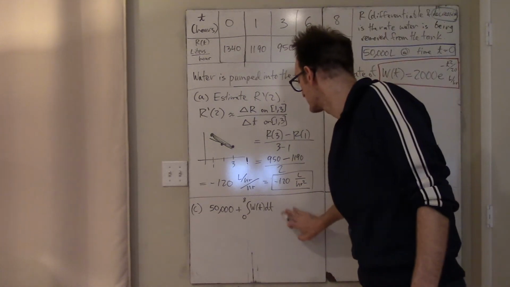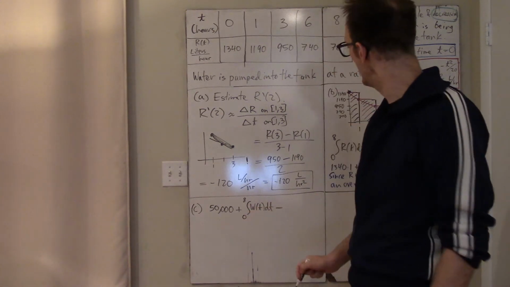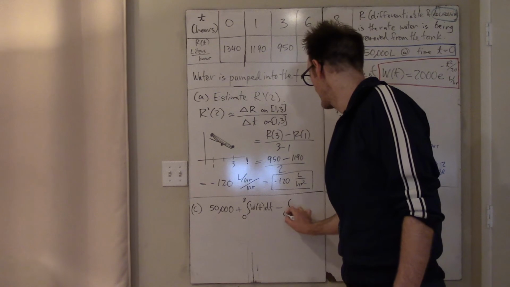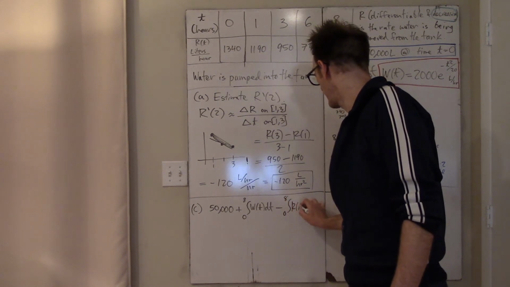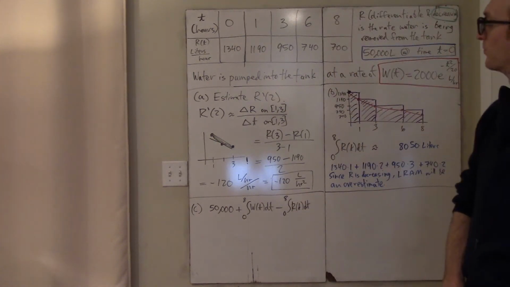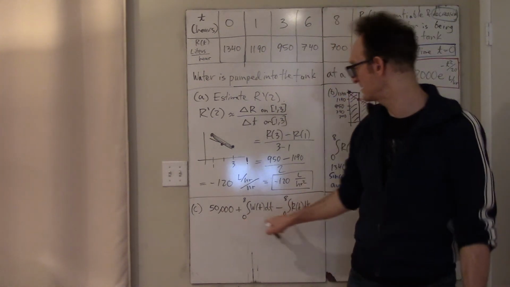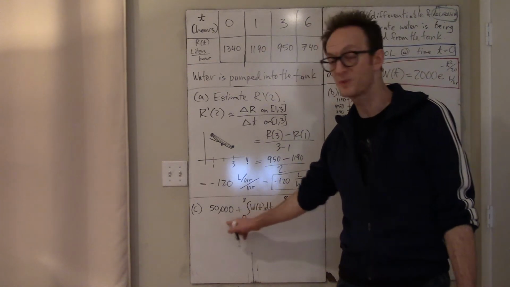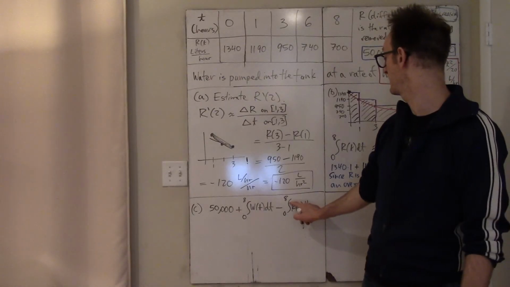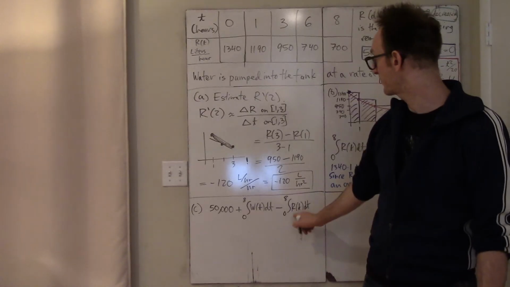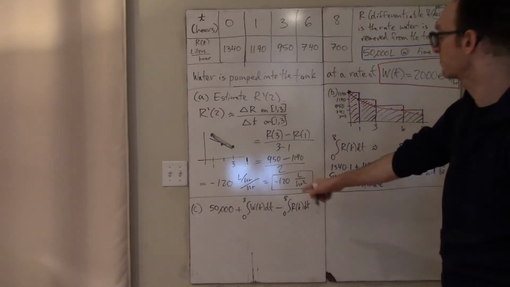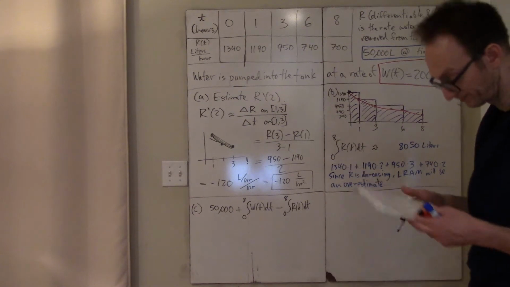And then we subtract the integral from 0 to 8 of R, R being the rate at which water was removed. So this is the total pumped in, this is the total removed, and this is how much I started with. You just type all those numbers into your calculator. For the removed amount, we use the 8050 from the previous step, and for this one you type into your device the integral from 0 to 8 of this W function.